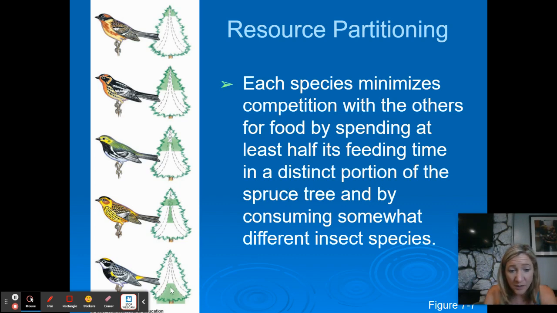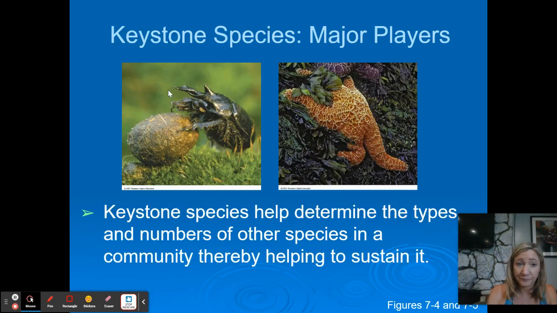This species eats in this green zone here. This one is in this green zone here. These ones overlap a little bit, you can see, but this one has a larger zone here. This one just eats at the top, so only these two compete. So instead of competing with all 5 species, maybe they only have to compete with one because they've partitioned where they're going to get their food from within that tree. Resource partitioning is very, very important for many species' success.